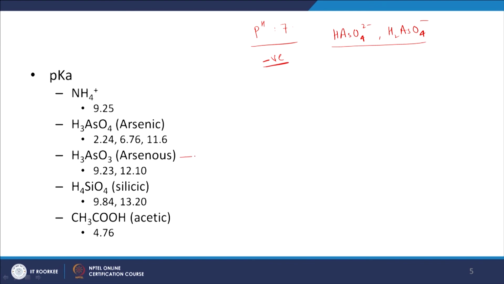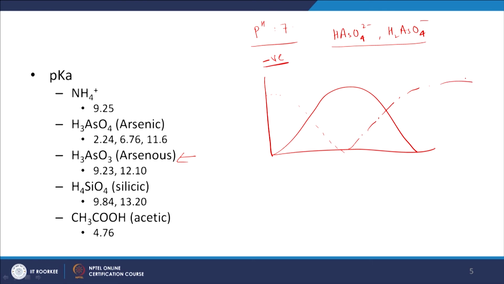But if I come back to arsenous and look at that particular figure, so if I draw the diagram here, obviously this is not to scale, if anyone is having an issue. I am just going to draw the two pKa values here.